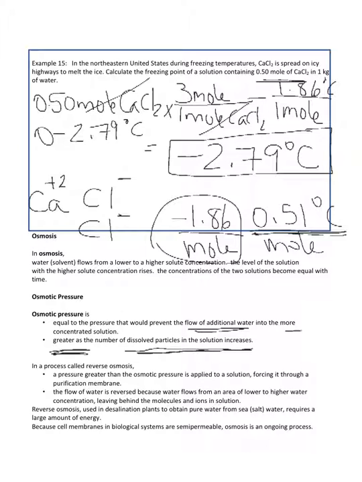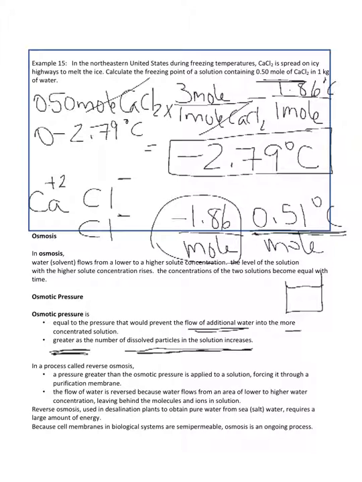In a process called reverse osmosis, you place a pressure greater than the osmotic pressure, forcing water through a purification membrane. So for example, if you want to purify seawater, if you tried to do this, the pure water would flow into the salt water, simply diluting it. Instead, you want the water that's in the salt water to flow the opposite direction, so you want the salt to be left behind.